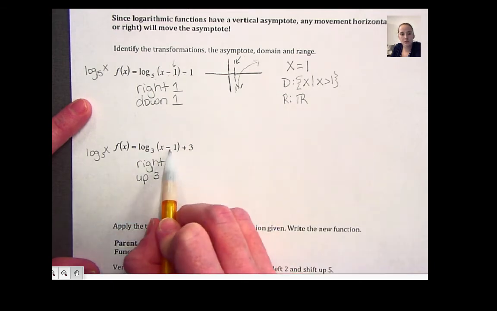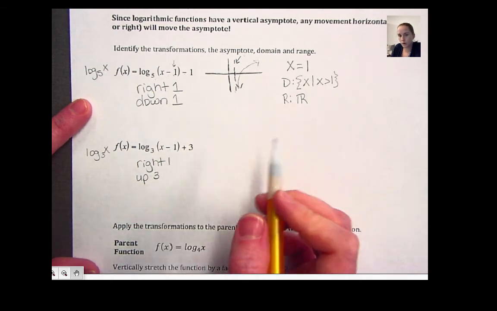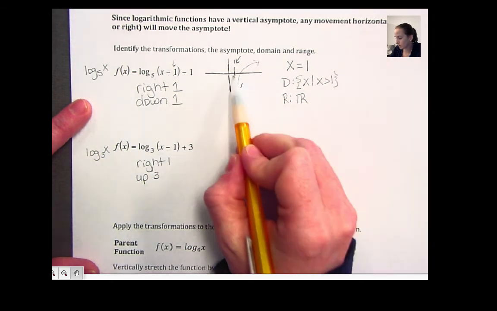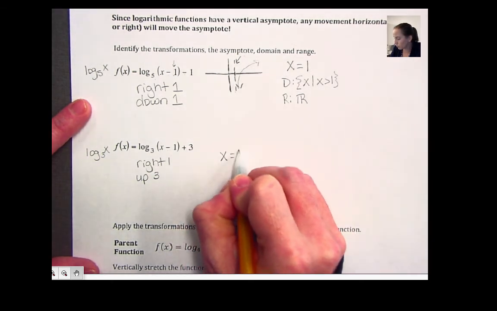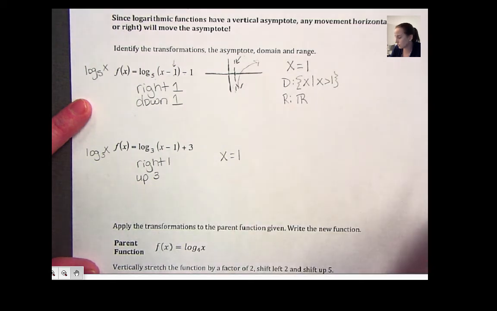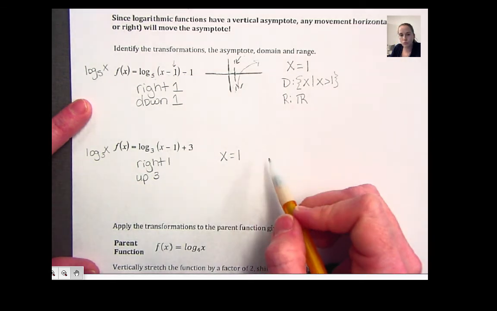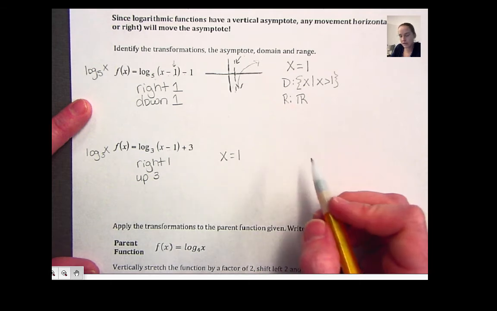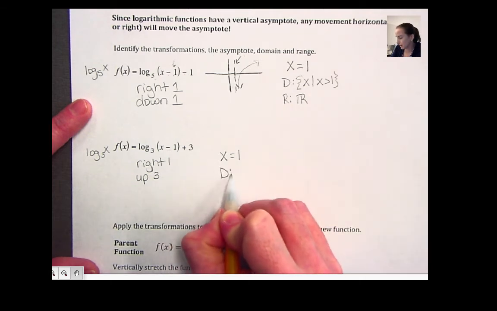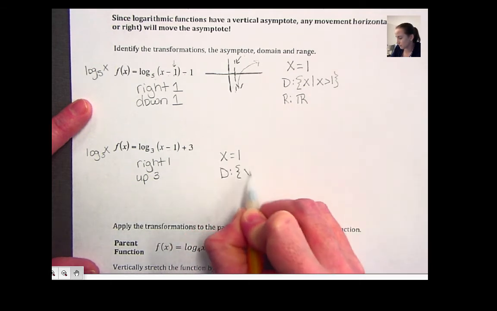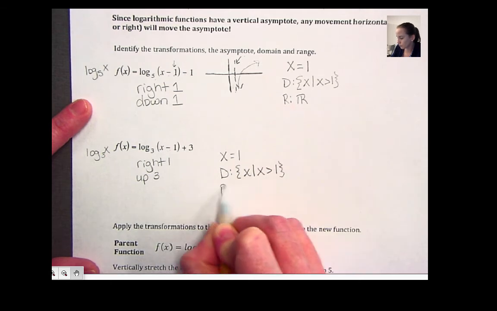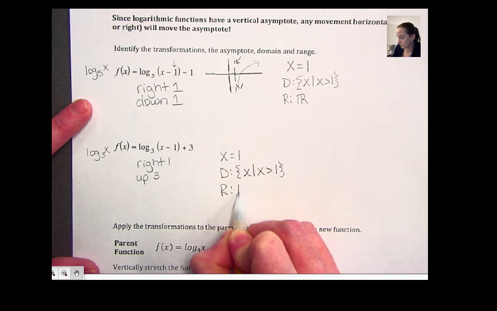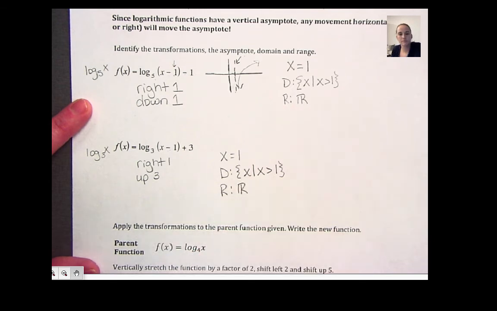This case is going to be the same as the other one, where since we shifted to the right one, our asymptote moved to the right one with it, so x equals 1 is your new asymptote. Again, the domain is affected by changing that asymptote, so the domain is x such that x is greater than 1, and of course the range is going to be all real numbers.